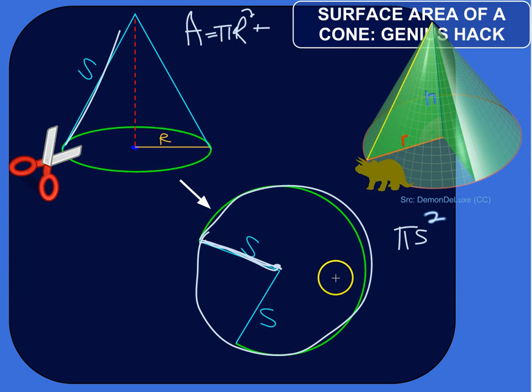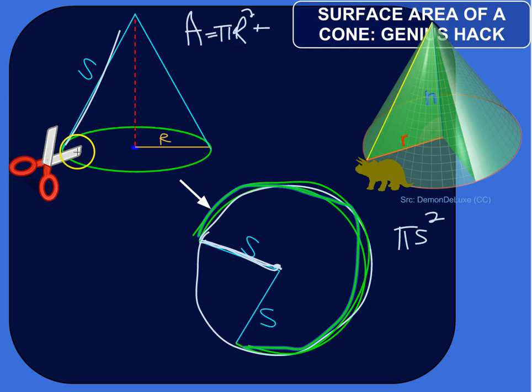Well, let's look at it from the perspective of circumference. You'll see that this distance here, I'm going to do this in green, corresponds to the circumference of the base of the cone, right? So these would have the same lengths.